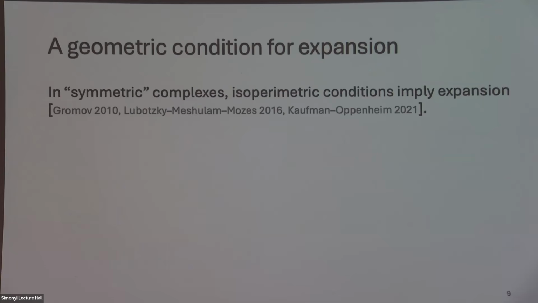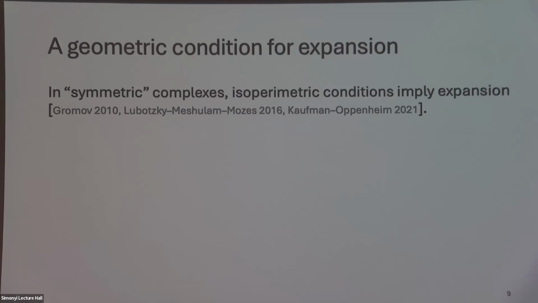Coset complexes are supersymmetric, which is one thing that's very nice about them. In symmetric complexes, instead of defining expansion in a spectral way, or in addition to defining it in a spectral or topological way, you can also define it in terms of the isoperimetric properties of the complex.